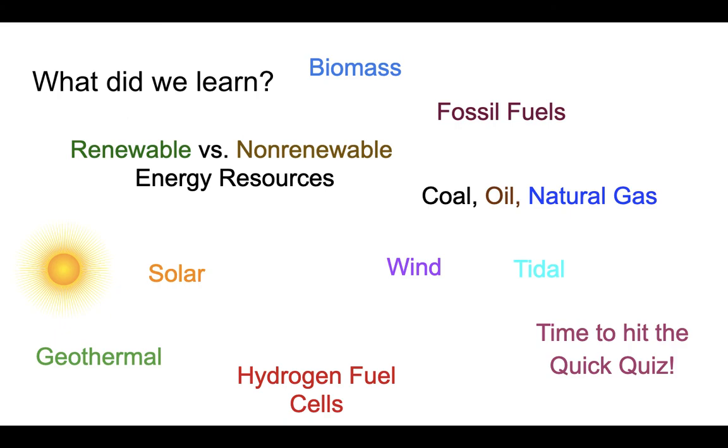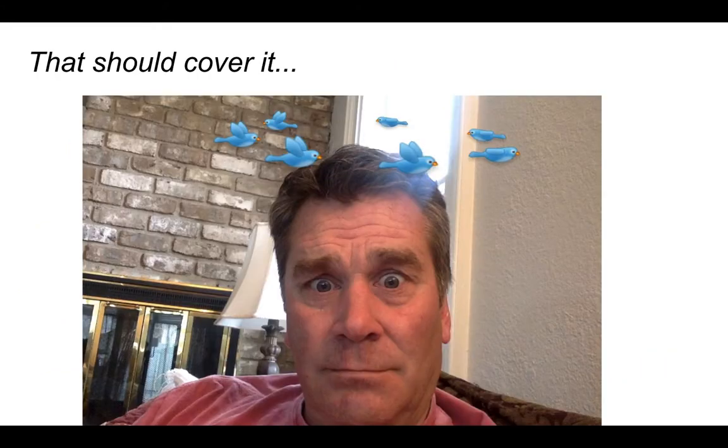And of course, uranium or nuclear energy has a limited supply. And then we learned about renewable resources like solar and wind, geothermal, hydroelectric, hydrogen fuel cells, biomass, and so forth. And hopefully, you've become kind of an expert on one of those non-renewable resources.